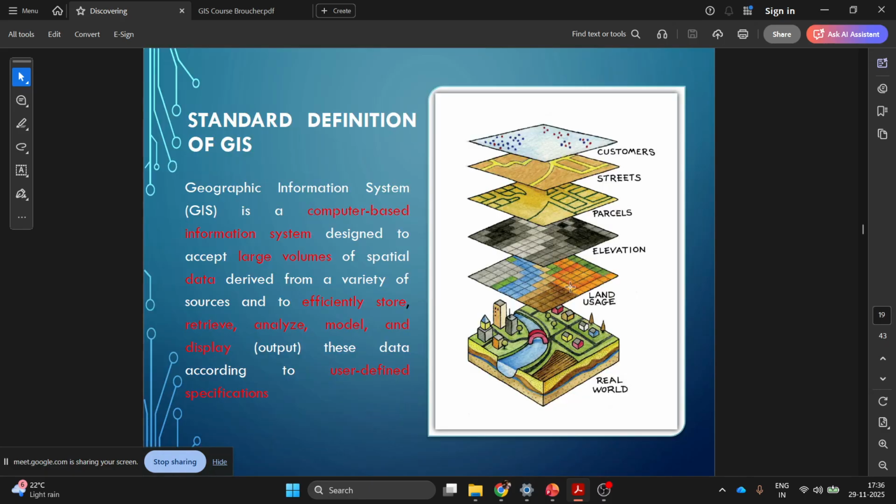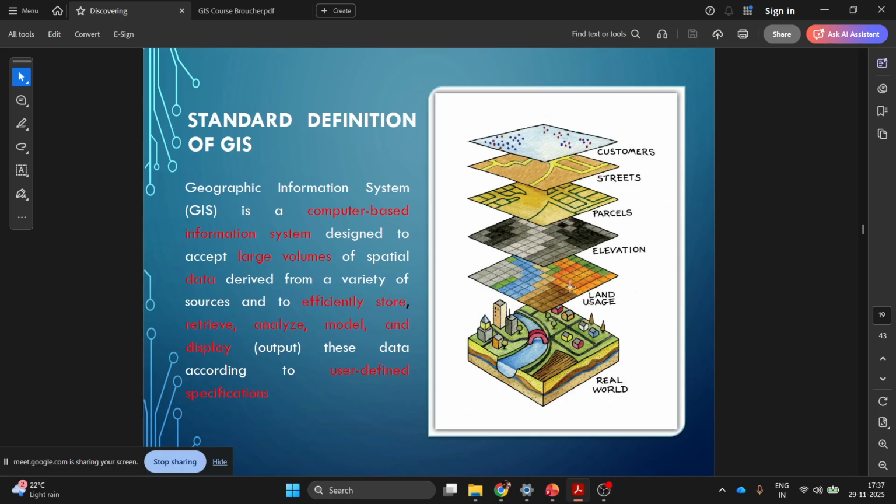So coming to the standard definition of GIS. Initially I was telling you it is a geographic information system. So what is the definition of GIS? A geographic information system is a computer based information system. Before that we were using printed maps, but once computers evolved, people started storing this data in a computer based information system that is designed to accept a large volume of spatial data.